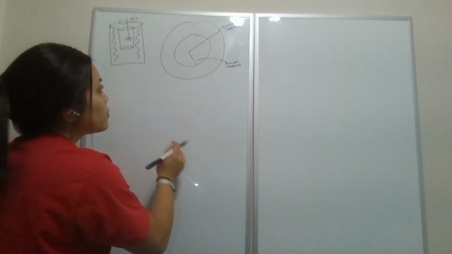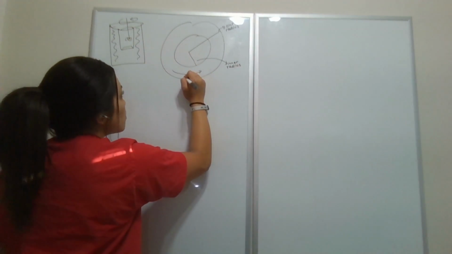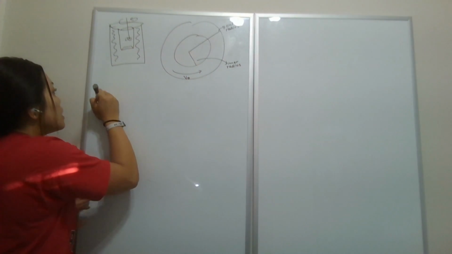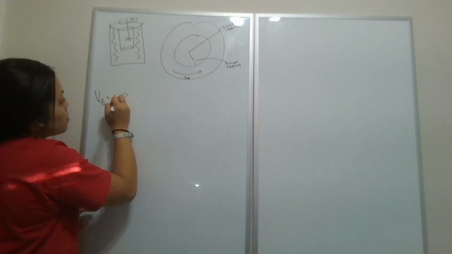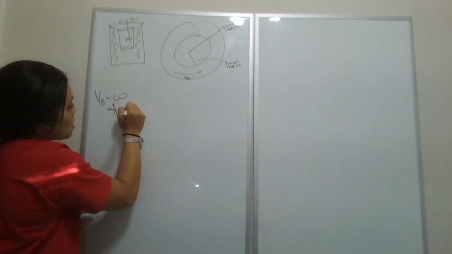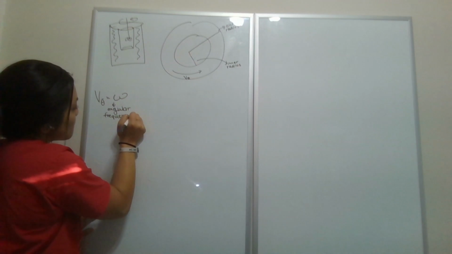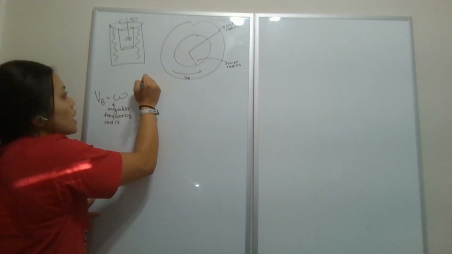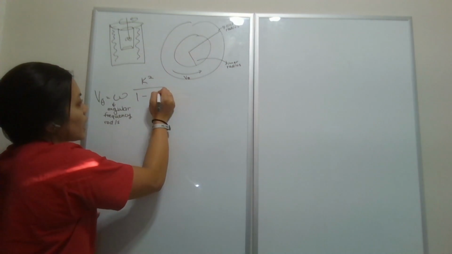And we know that the fluid in between the two cylinders is moving with a velocity, and we are given this velocity profile that is defined as omega, which is the angular frequency in radians per second, times k squared divided by 1 minus k squared.